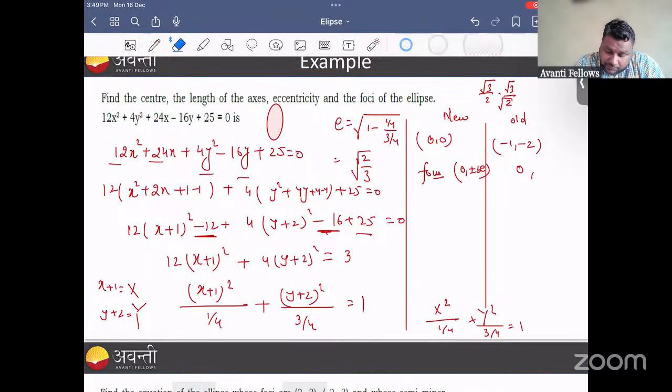No, sorry. Focus is B into E. So B is under root 3 by 2 and E will be root 2 upon root 3. Root 3 cancel. So focus will be 0, comma 1 by root 2. Now you just place that, get the focus for the old ellipse. Got it? We have done multiple questions in parabola also for this variety.